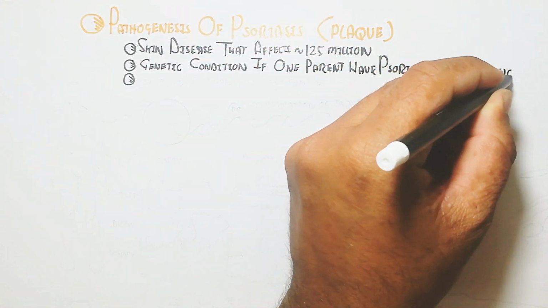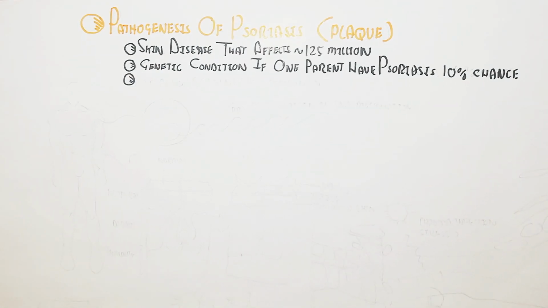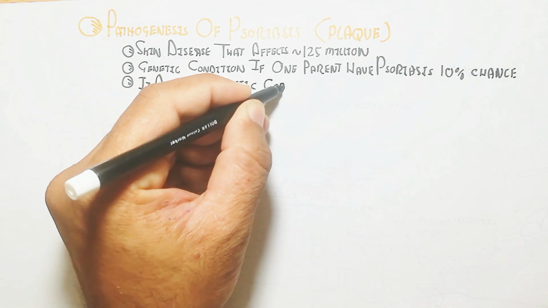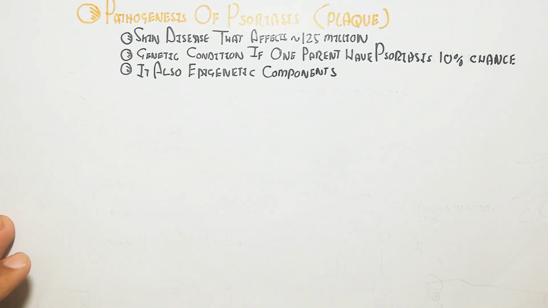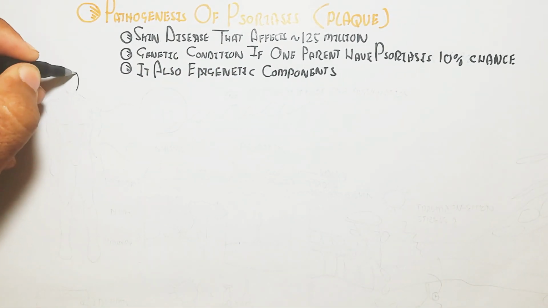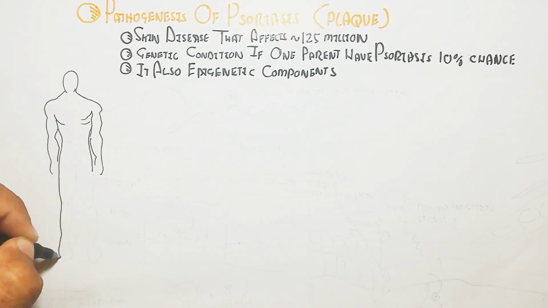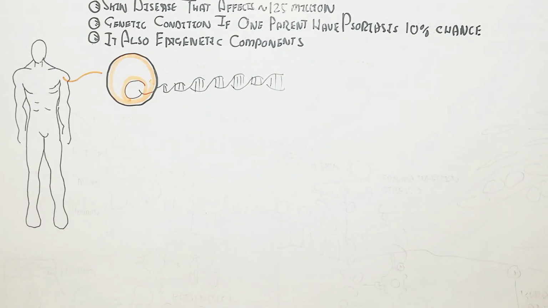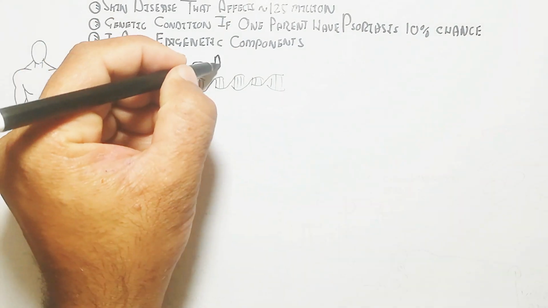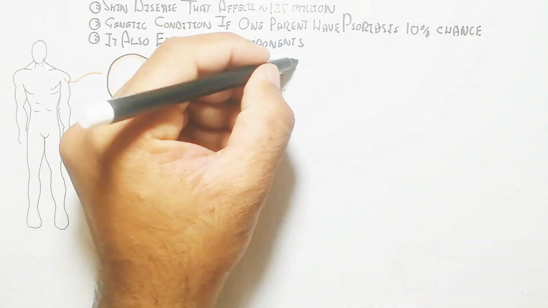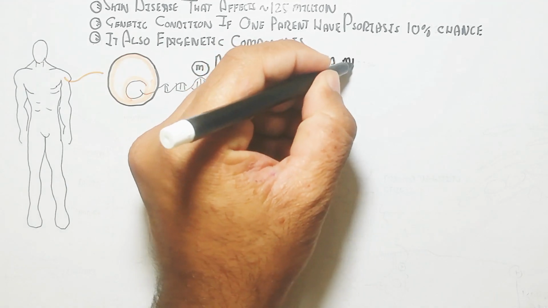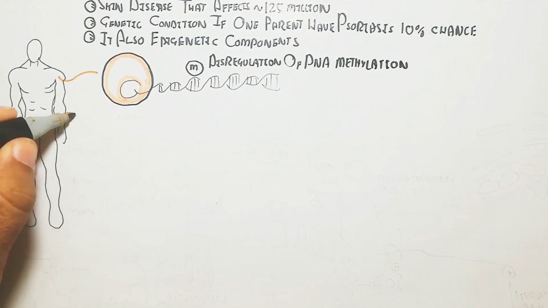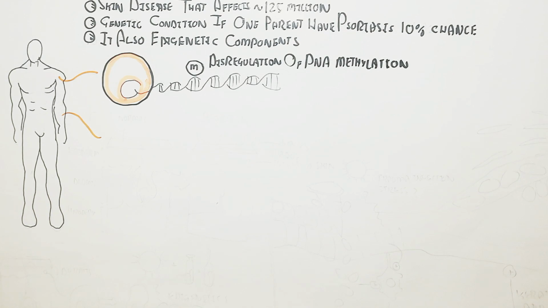It also has epigenetic components due to environmental influences like pollution, radiation and other factors. Endogenously, the skin cells, basically keratinocytes, undergo dysregulation of DNA methylation, and in this way this leads to psoriasis.